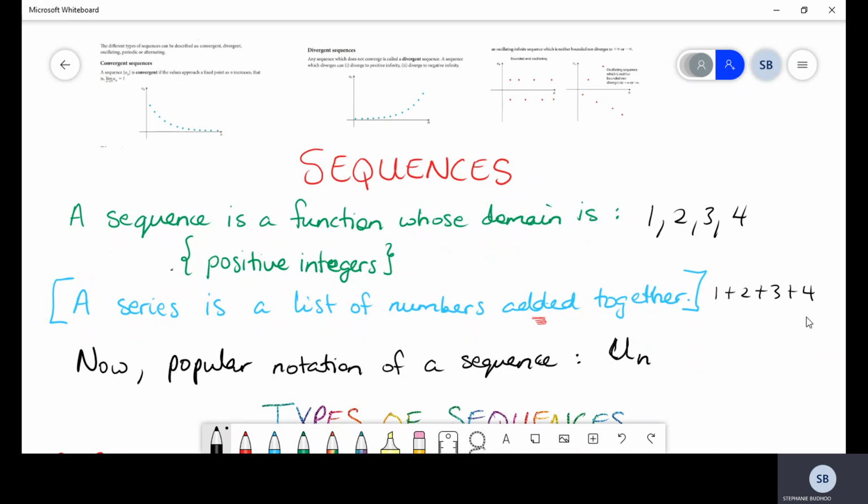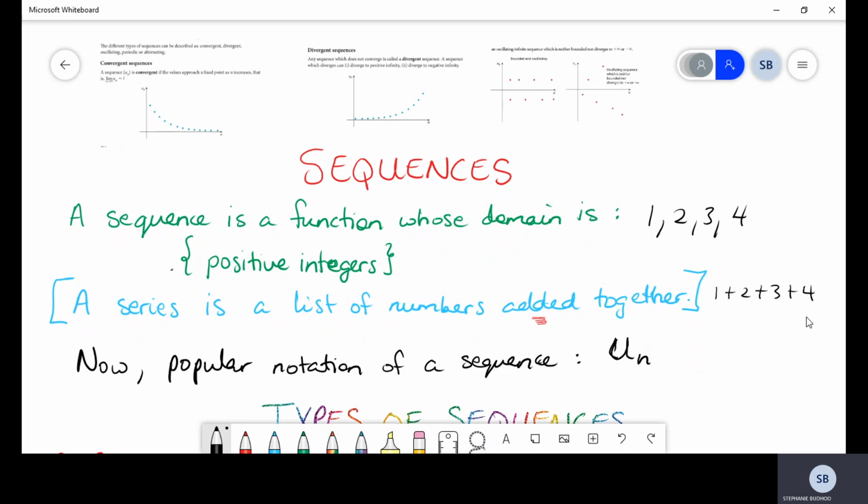Do you see the difference? So a sequence just contains a set of positive integers, whereas a series has that operation of addition involved, right? So hope that settles your mind and gears you up towards the next chapter when we'll be doing series.